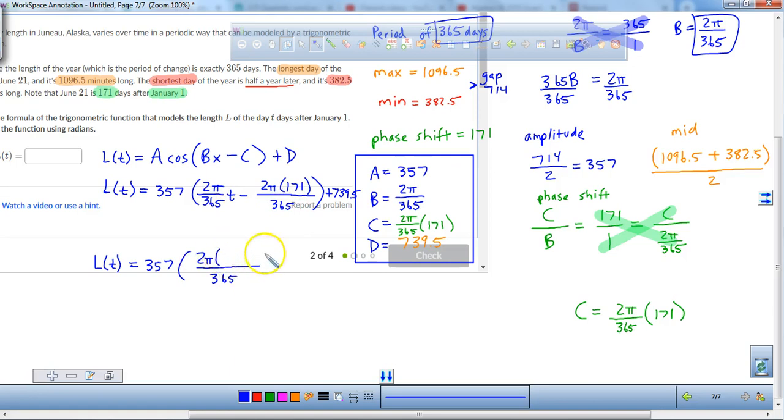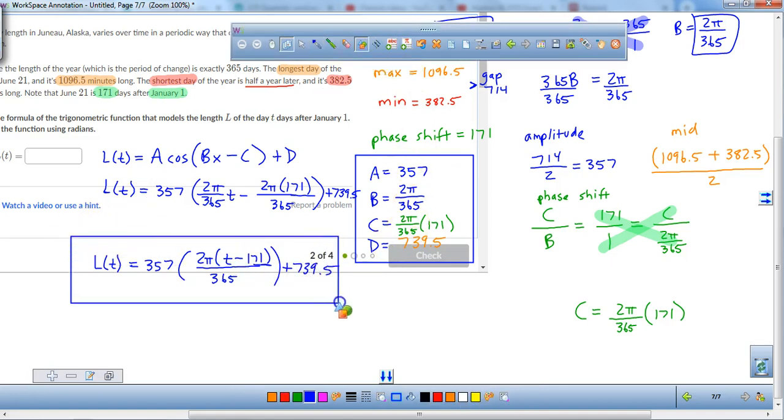I'm going to open up a parentheses. I'm going to factor out a 2 pi out of this and a 2 pi out of this. And you're left with T, there's the T value, 1T minus 171. Close the parentheses, and then you put plus 739.5. And that is going to be your final answer.